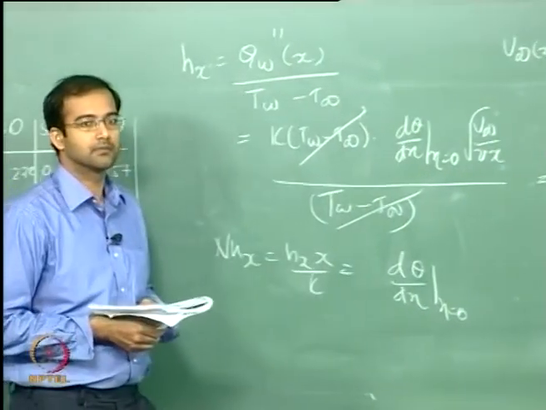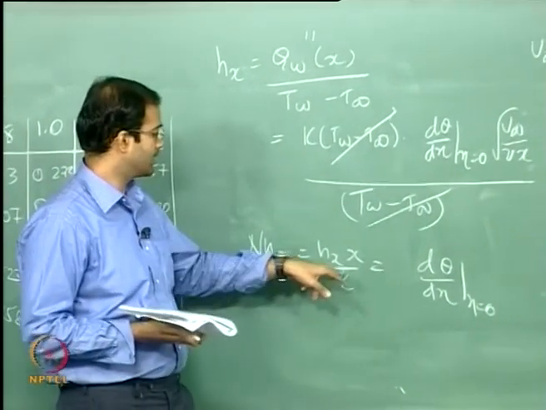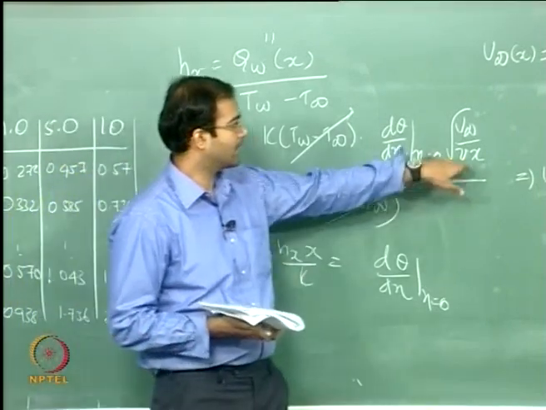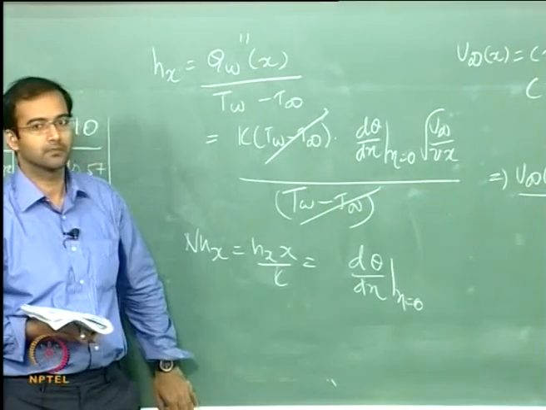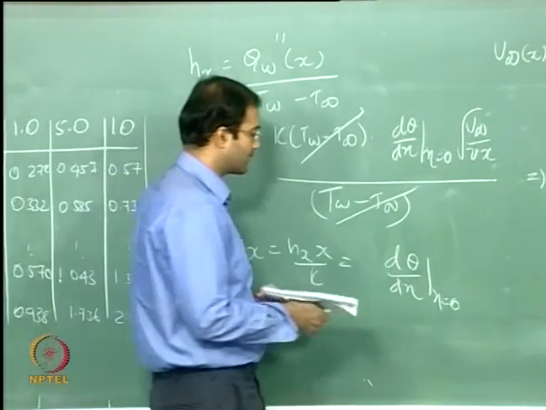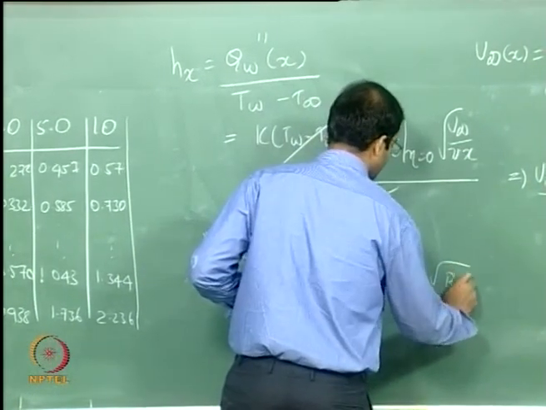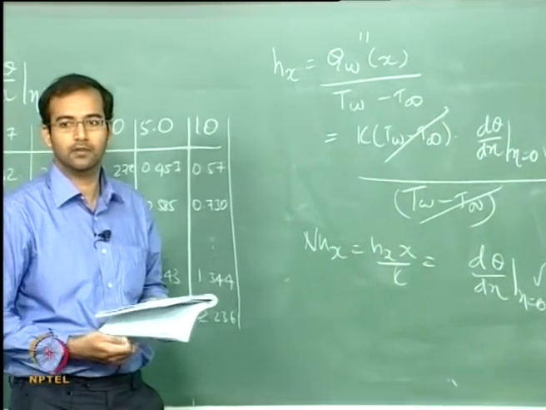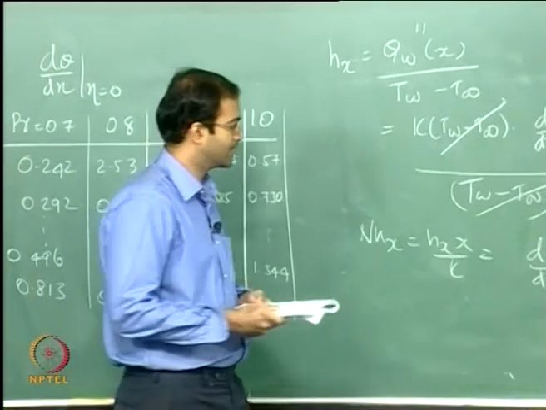If you multiply h into x by k, what happens to this particular term? Reynolds number, square root of Reynolds number. Okay, this is the same as what we did for the flat plate. There is nothing new here.